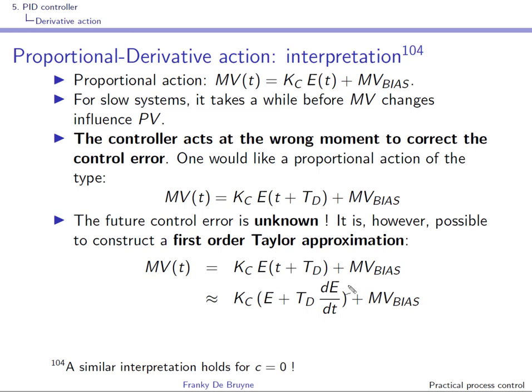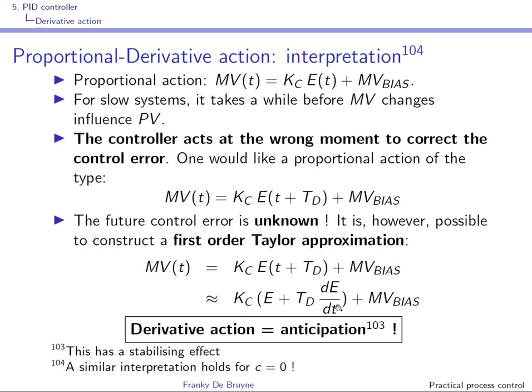We can do this and we'll see a graphical representation next. It is the error at time T plus the derivative of the error at time T times the difference in time. It's T plus TD minus T, so TD over here.